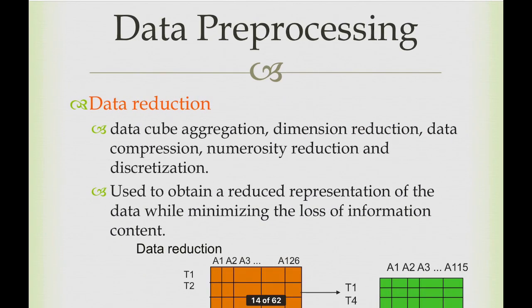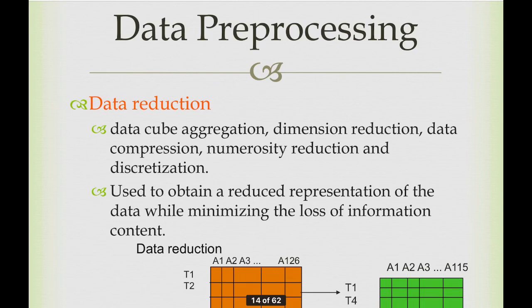Then data reduction. In data reduction, we have data cube aggregation, dimension reduction, compression, and also discretization. Usually, data reduction is used to obtain a reduced representation of data. So, kita nak reduce representation of data while minimizing the loss of information content.